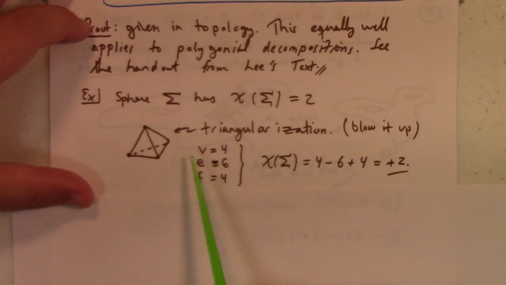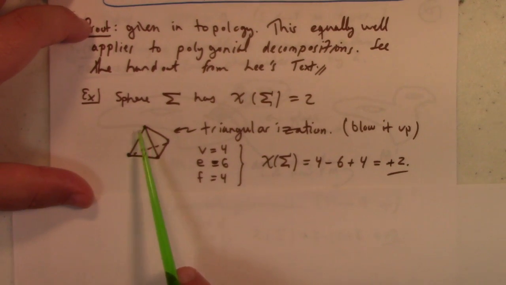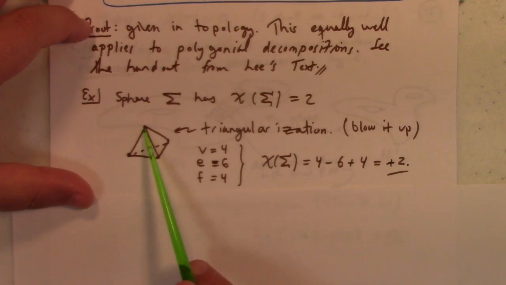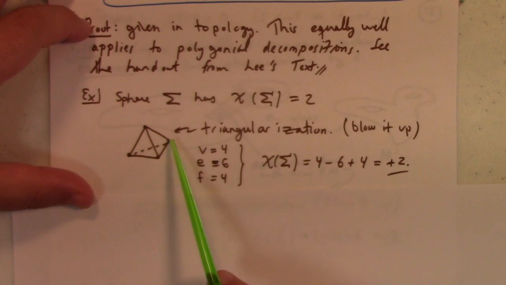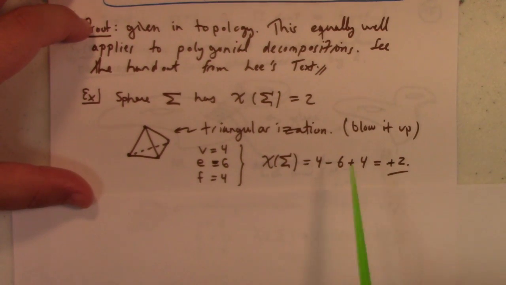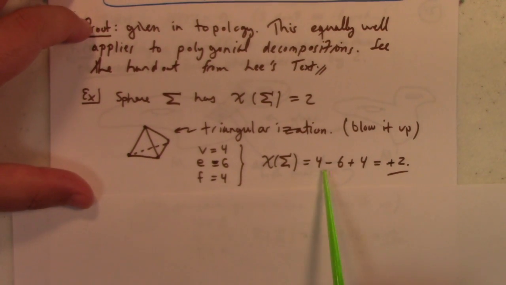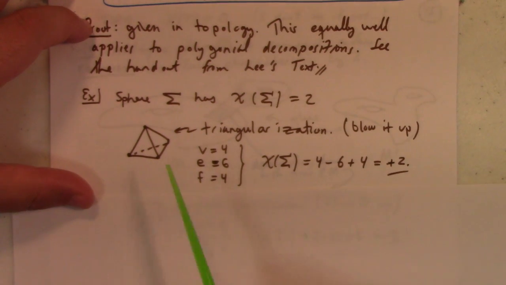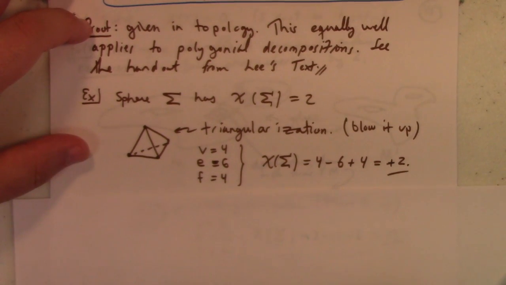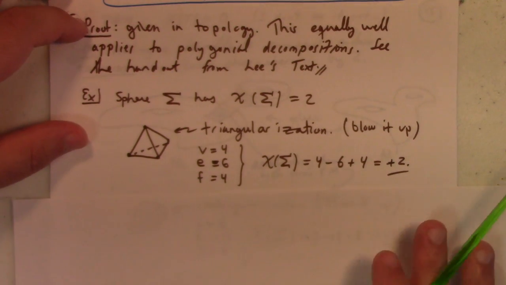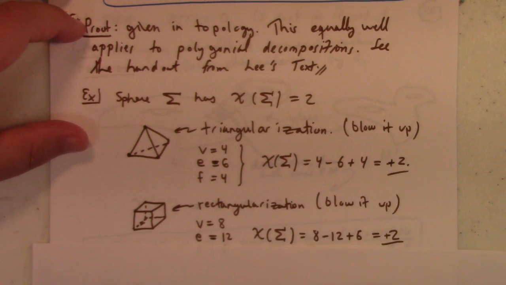It has 4 vertices. It has 6 edges: 1, 2, 3, 4, 5, and the one in the back, 6. And it has 4 faces. So 4 minus 6 plus 4 is 2. That's one polyhedral approximation of the sphere, a triangularization. Rectangularization.